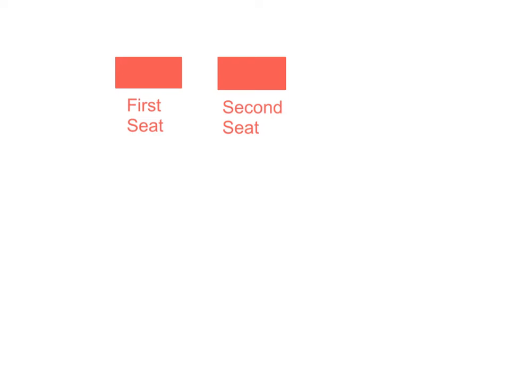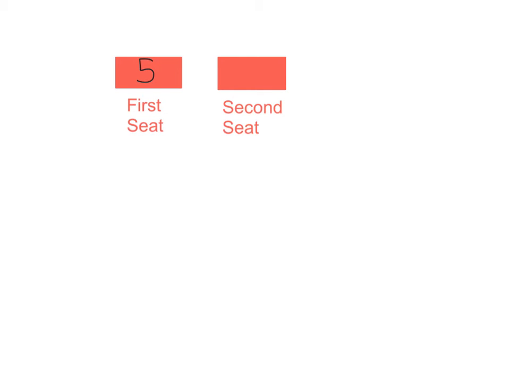But what if I just ask you what the total possible combinations are for the first two seats? How would this look? We have the first seat and the second seat, but we still have those same 5 friends. So the same question needs to be asked. How many possible combinations can I have for the first seat? Well, there are 5 people, so we write 5 possible combinations for the first seat.